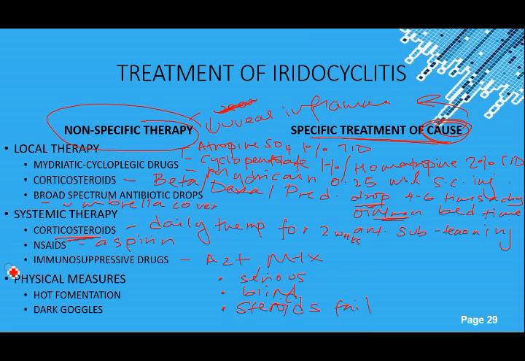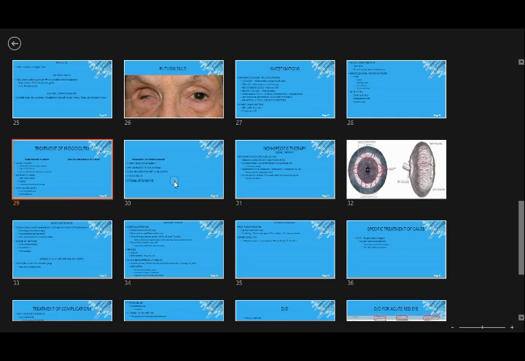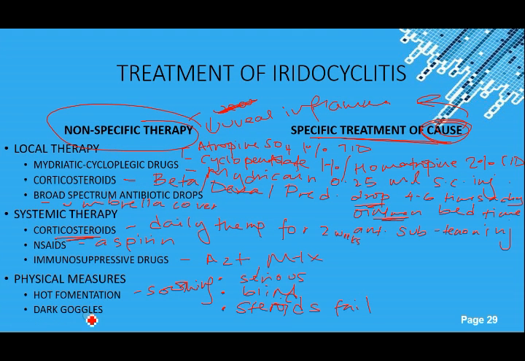Hot fomentation again is just for its soothing effect. Dark goggles is to basically decrease blepharospasm, the photophobia, and lacrimation. That's about it.